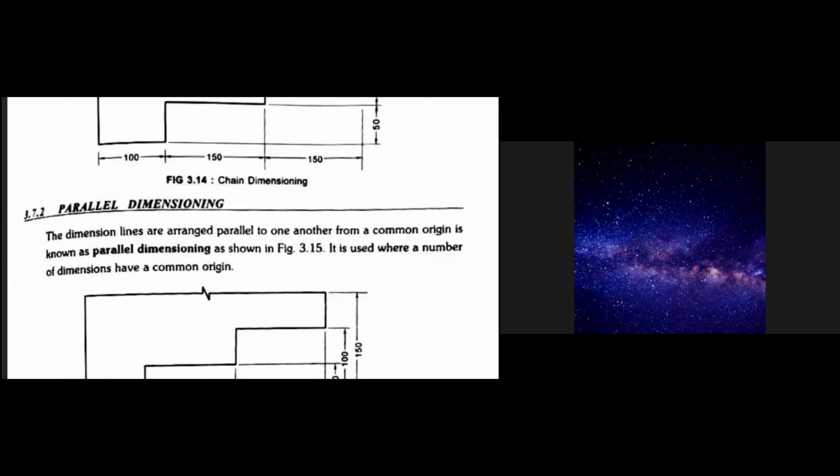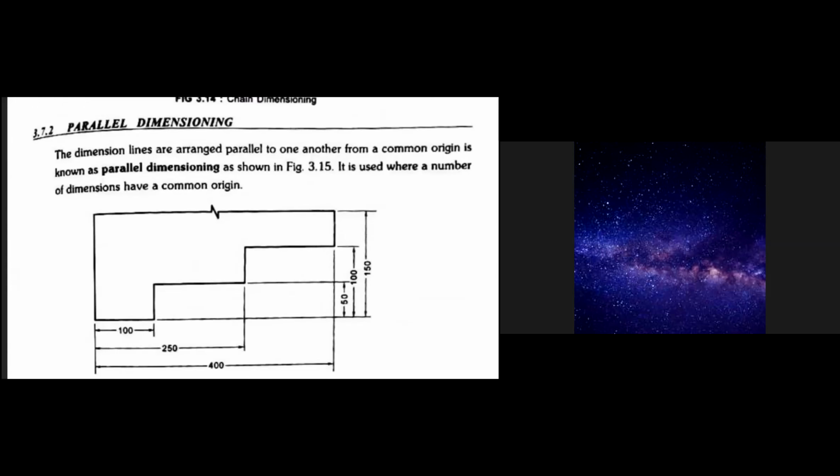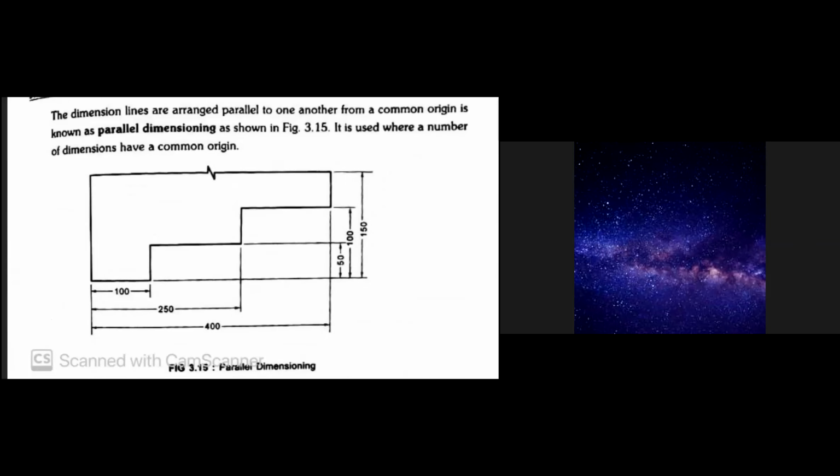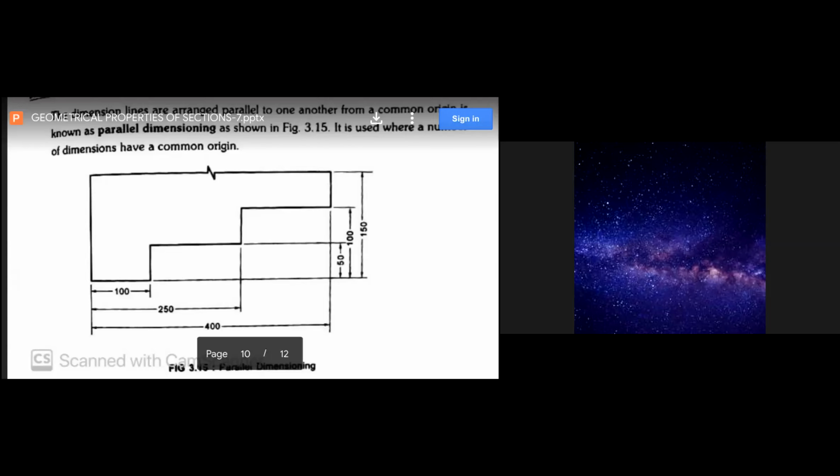Parallel dimensioning. Here, same figure. See here, three dimensioning lines: that is a 100 mm line, and see here, a 250 mm line.